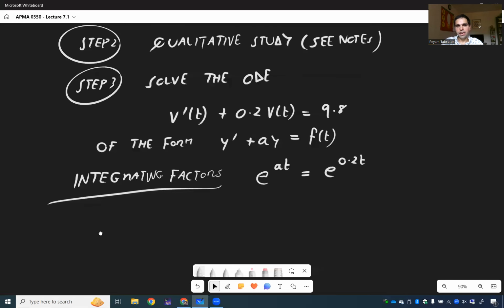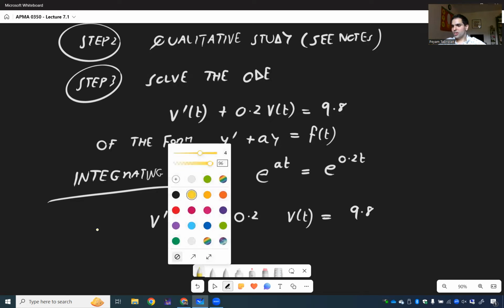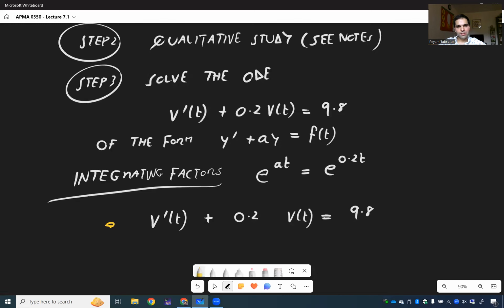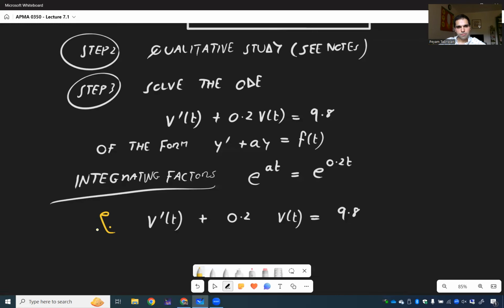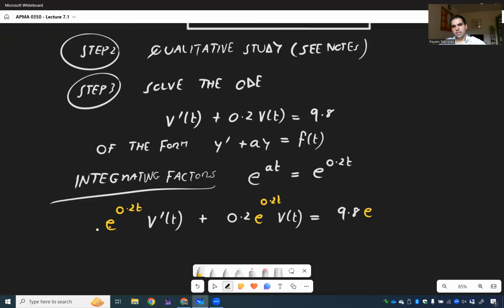So what we end up getting is, once again, v prime of t plus 0.2 v of t equals 9.8, and this junk, we want to multiply by e to the 0.2t.